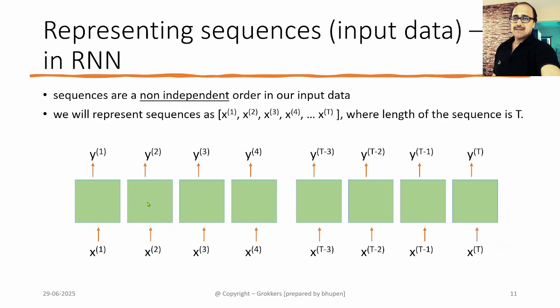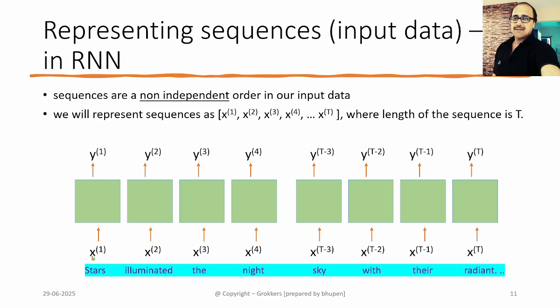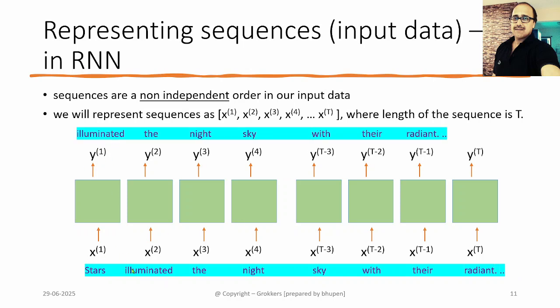So let me show you the meaning of that. Let's say the input sequence x is: stars illuminated the night sky with their radiant, and so on. The output sequence would be just one step ahead. That means if you train the RNN with this pattern, if the current word is stars, then the output should be illuminated.